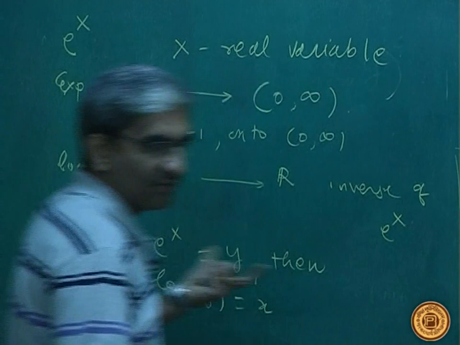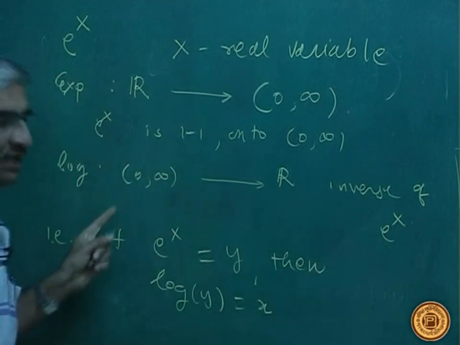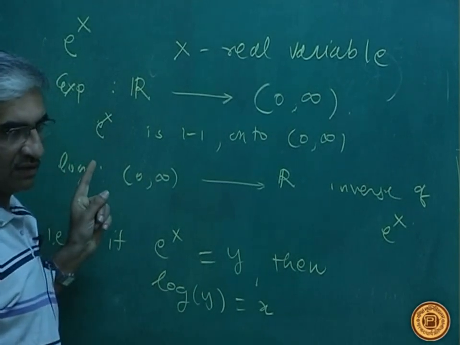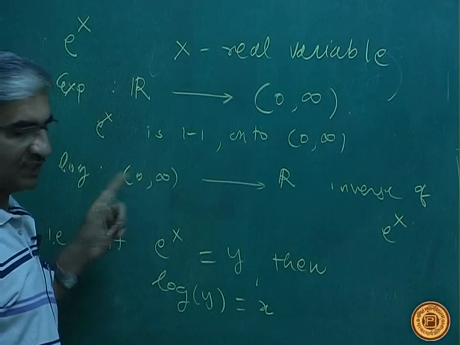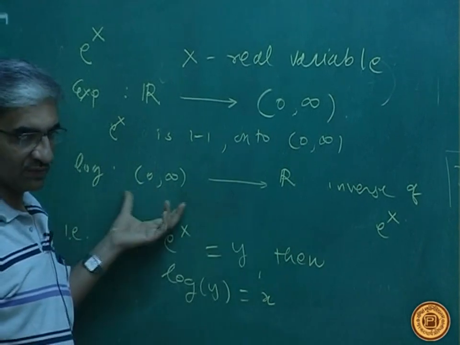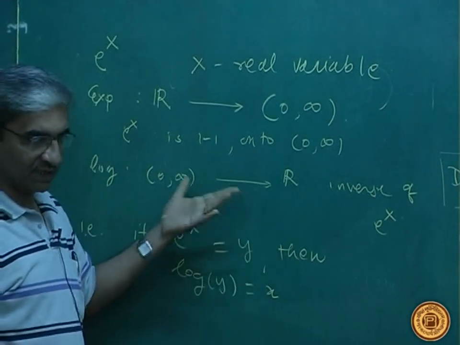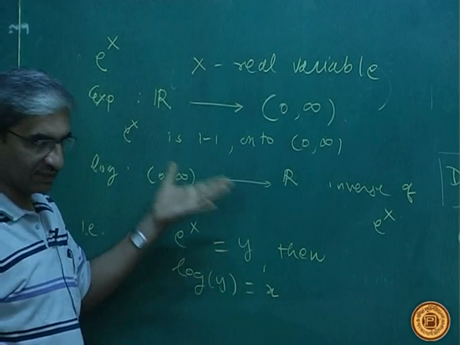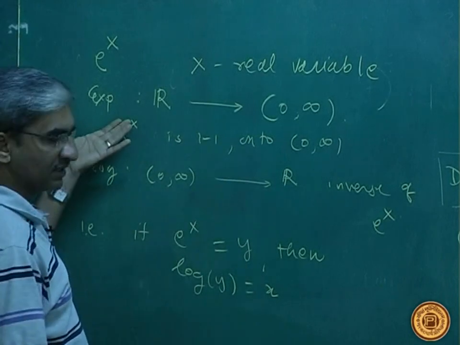Actually, one needs to define one of these functions independently and then show that whichever you define. So suppose I define log from this to this, and I prove that this is 1-1 and onto, then its inverse exists, and I can say that the exponential function is its inverse.